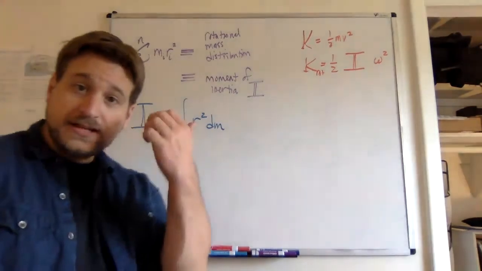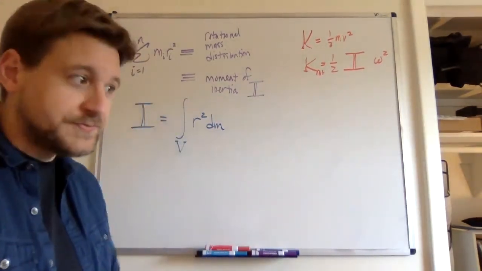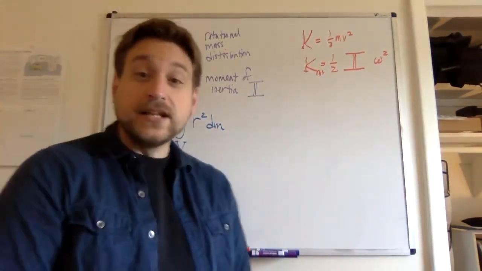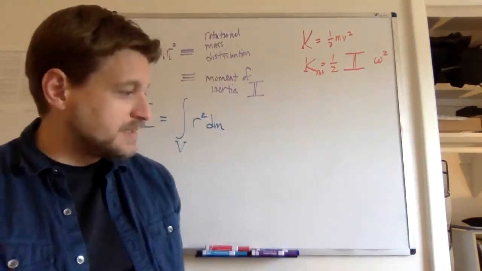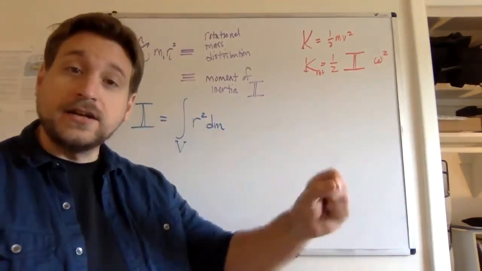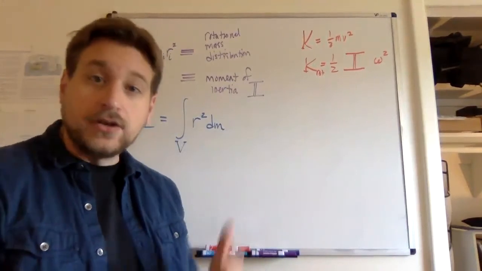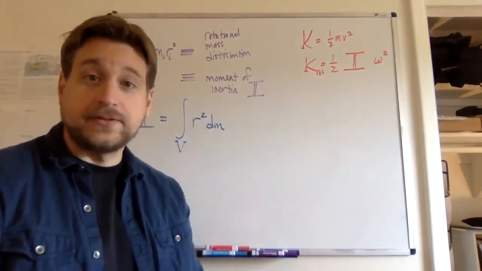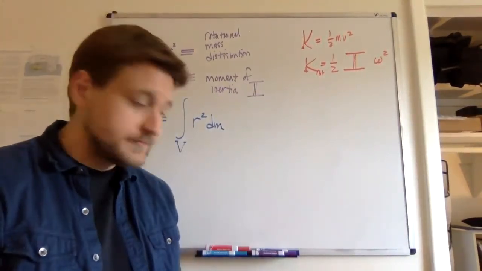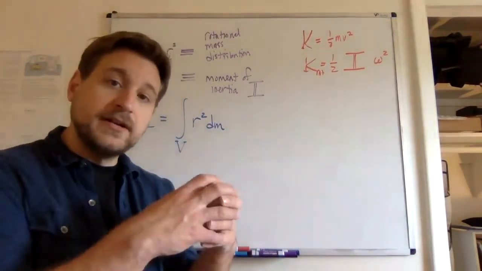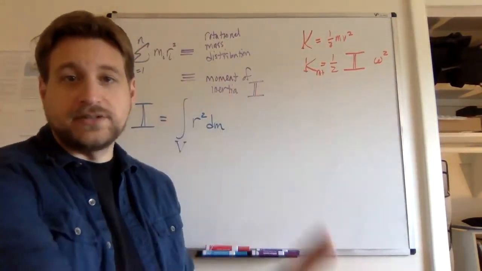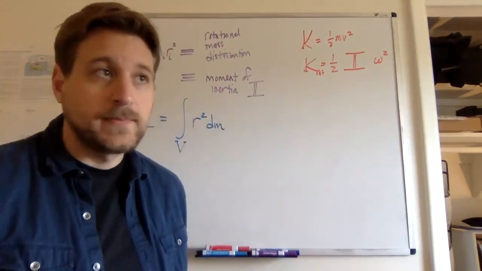The textbook provides a convenient table of sort of regular objects, like a very thin rod of length L has a known moment of inertia. We can go look it up in the table. A solid sphere has a known moment of inertia. We can look that up in the table.